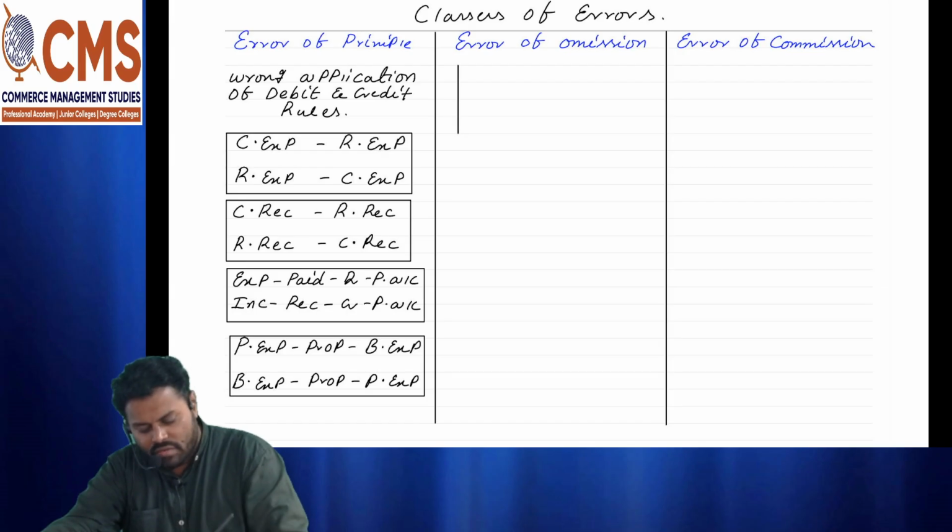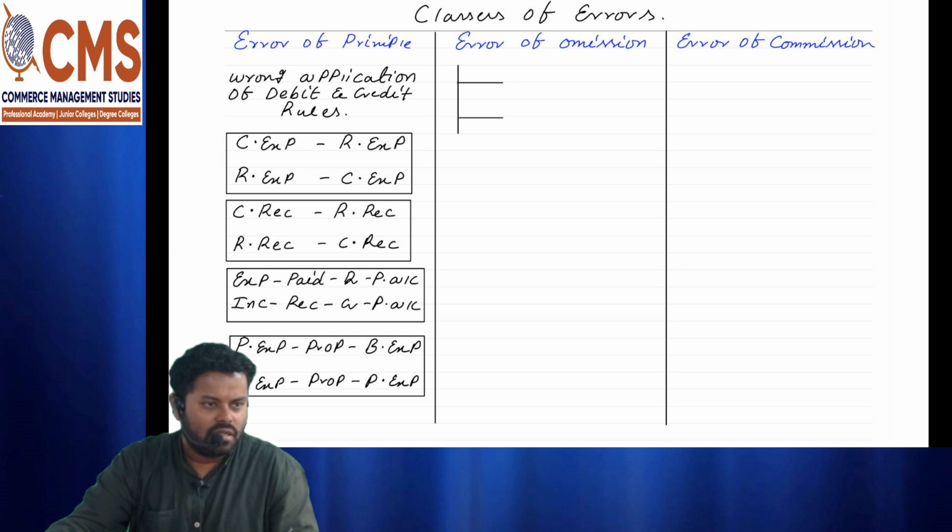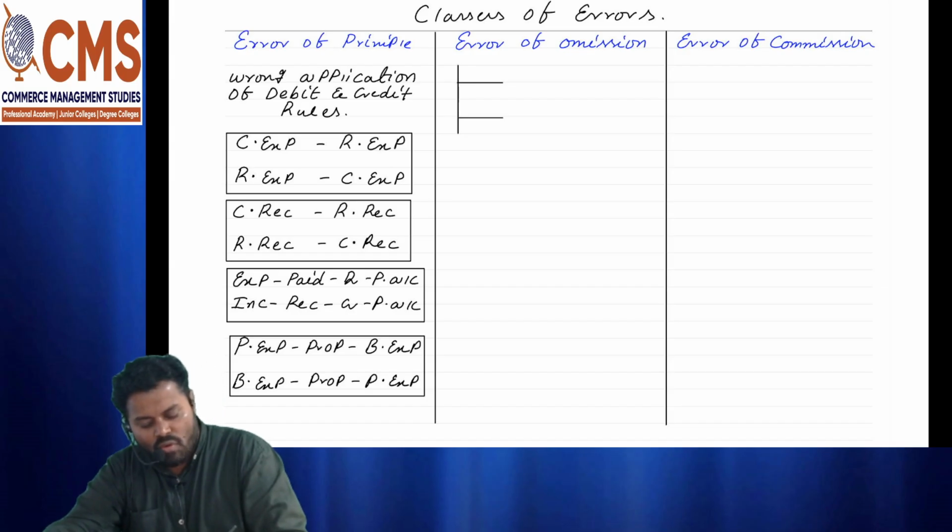So God has given us a bliss called forgetting. In that we have again two classes. Which omission?